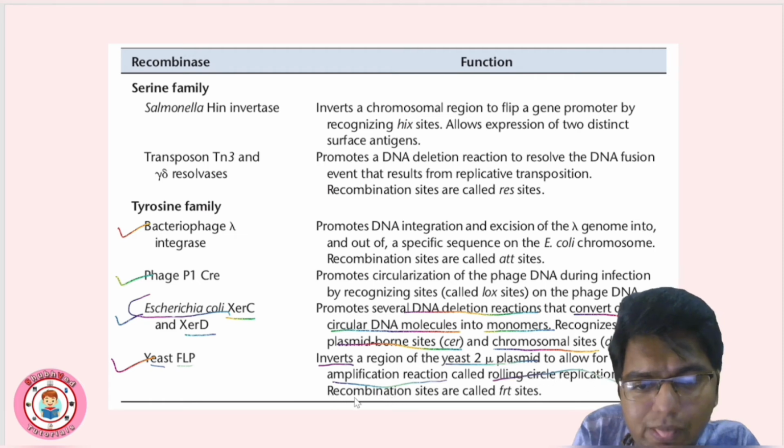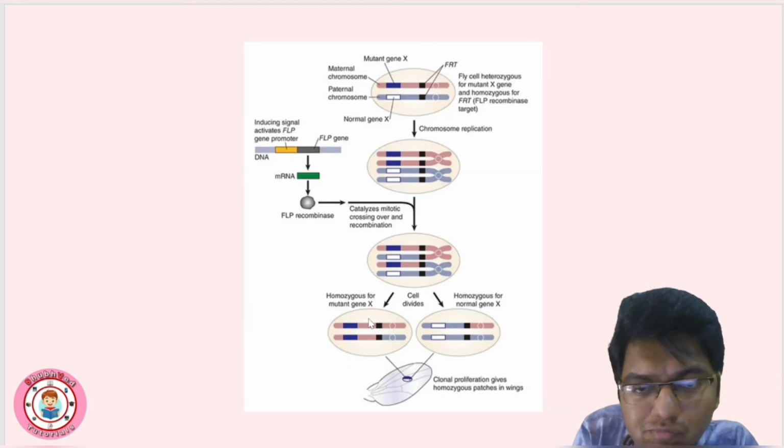The recombination sites are called FRT sites, flippase recombinase target, the recognition site where FLP will go and bind. As we saw, Cre recombinase was used to produce gene knockouts.